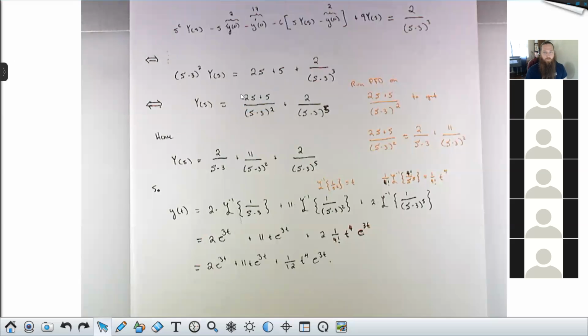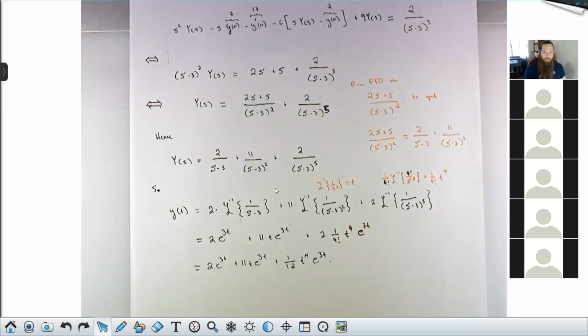You could. But when you do the PFD on the 2s/(s − 3)^2 term, you're going to get a constant over (s − 3)^2 that you would then want to recombine with the 5/(s − 3)^2. That's this. So if you just did the PFD on 2s/(s − 3)^2, you would get 2/(s − 3) and then 6/(s − 3)^2, which you would put together with the 5/(s − 3)^2 to yield this.